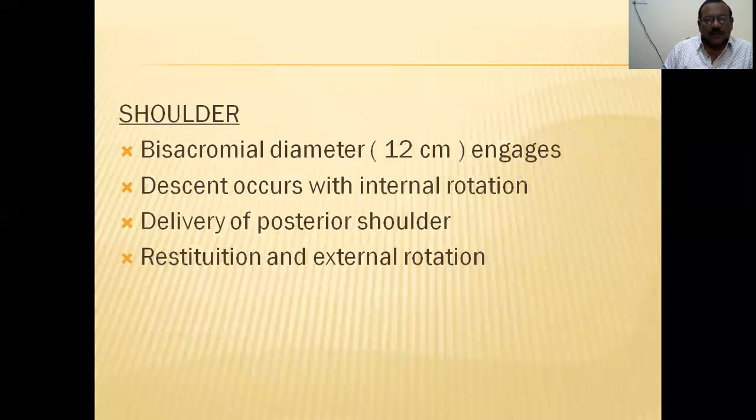The shoulder gets engaged in the opposite diameter to that of the breech, that is the bisacromial diameter, 12 centimeters. Descent occurs with internal rotation, delivery of the posterior shoulder, and restitution and external rotation occur. This is how the shoulder gets delivered.